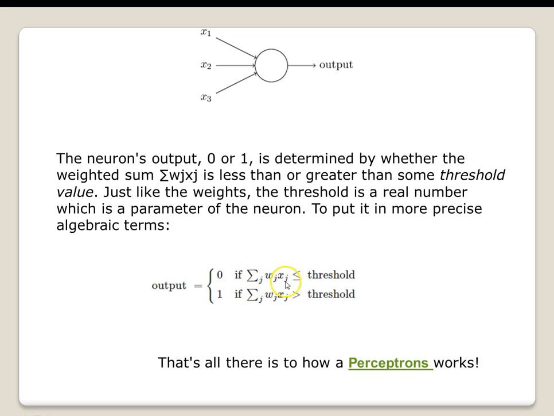So if this input is less than the threshold, it'll be 0, and if it's greater than the threshold, it will be 1. Okay? And that's all there is to how a perceptron works. That's it. Okay, that's a perceptron. We're going to amplify that or expand that idea a little bit more to get to a neural network, but this is a basic idea anyway. Okay, does everyone follow this?